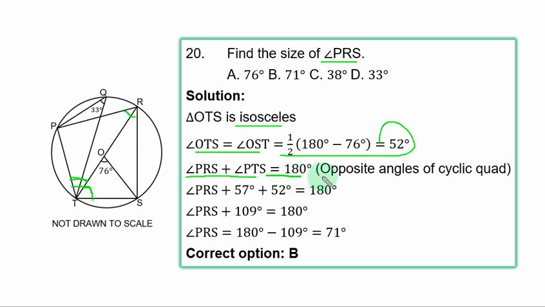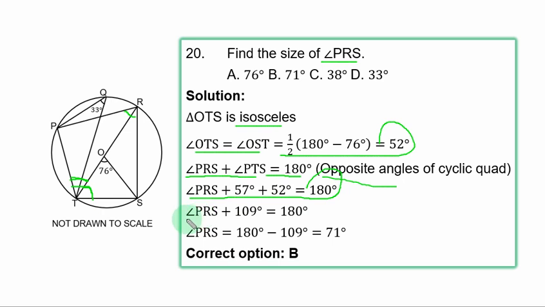It follows that angle PRS plus angle PTS is equal to 180 degrees. You have the reason. So PTS has 2 angles, and their sum is 57 degrees plus 52 degrees equal to 109 degrees.